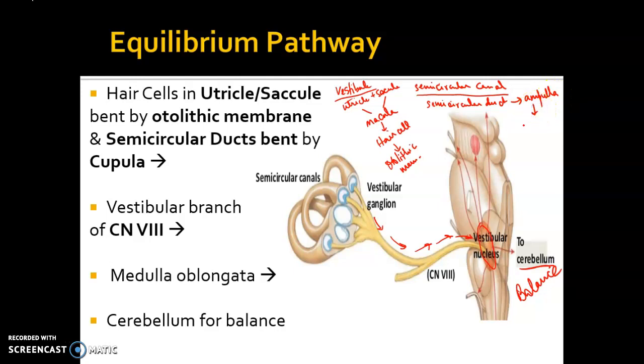Within the ampulla, there is cristae ampullaris, and within the cristae ampullaris, you have the hair cells, and the jello-like membrane that covers these hair cells is called cupula. Remember, the vestibule and the semicircular canal together help us to maintain balance or equilibrium.